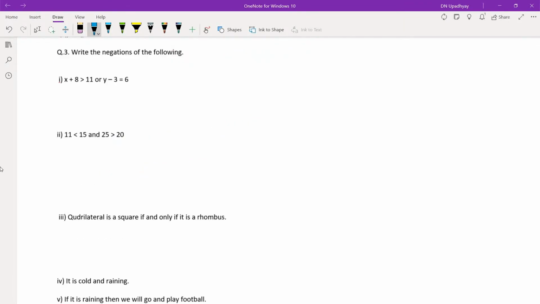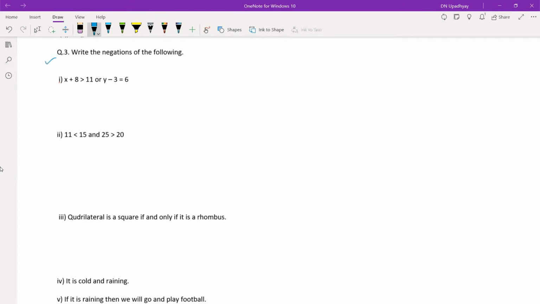Write the negation of the following. Negation means again it is like dual, but we have to write with all the statement. So for that let us change in symbolic way.